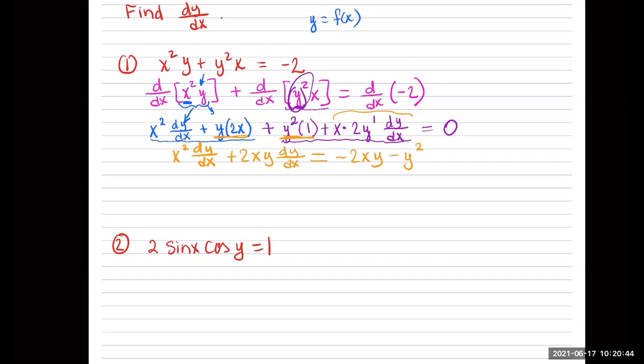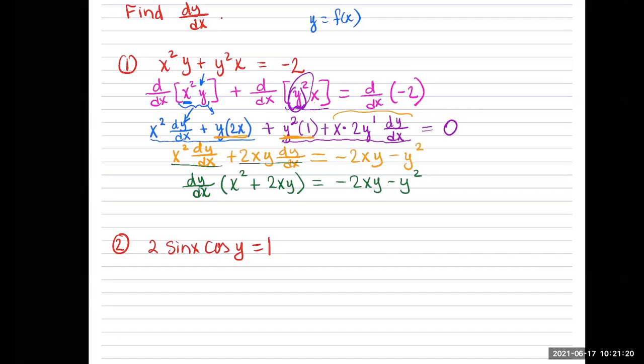And once you get all of the dy dx terms on one side, then you can factor out the dy dx. These algebra steps look basically the same every time. If I factor out that dy dx, in this first term, I would have an x squared left. In the second term, I would have a 2xy. And we almost have it.